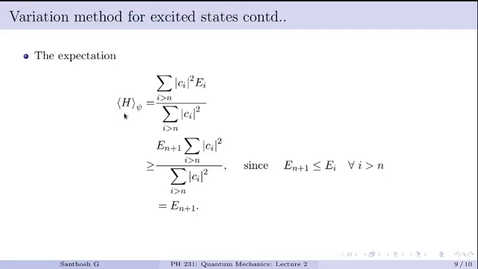And therefore we arrive at the result that the expectation value of H in the ket psi that we have chosen in the previous slide is going to be greater than or equal to En plus 1. So that provides us with an upper bound for the nth excited state energy.